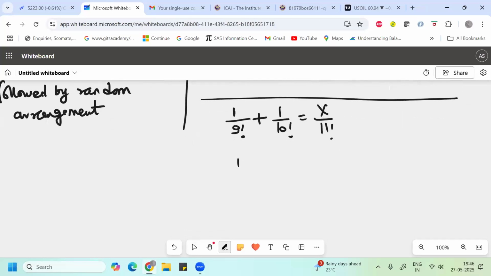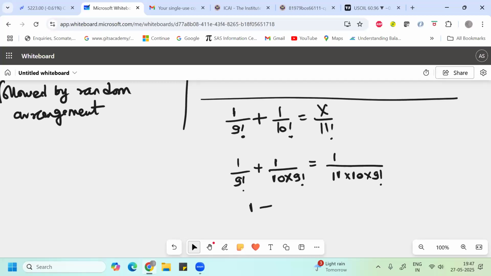So what I can do, 10 factorial I can write as 10 into 9 factorial, and 11 factorial I can write as 11 into 10 into 9 factorial. So 9 factorial I can take common and remove it.